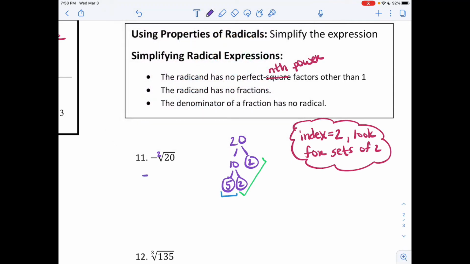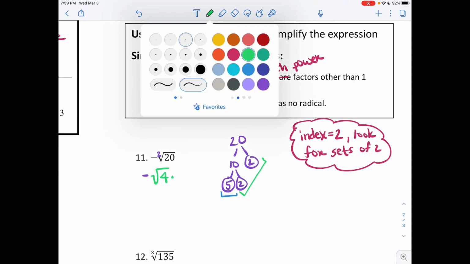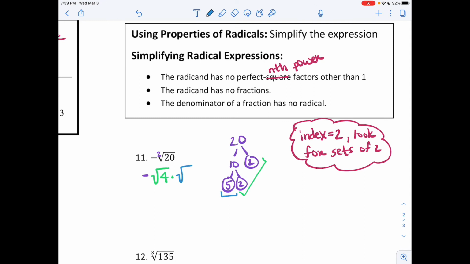So let's go ahead and rewrite this. I have my negative sign that I had before, and now I can pair up that set of 2's and say that that's the square root of 4, because 2 times 2 is 4. And then the everything else that I have left is 5, and it doesn't get to pair with anything. So let's simplify this now.